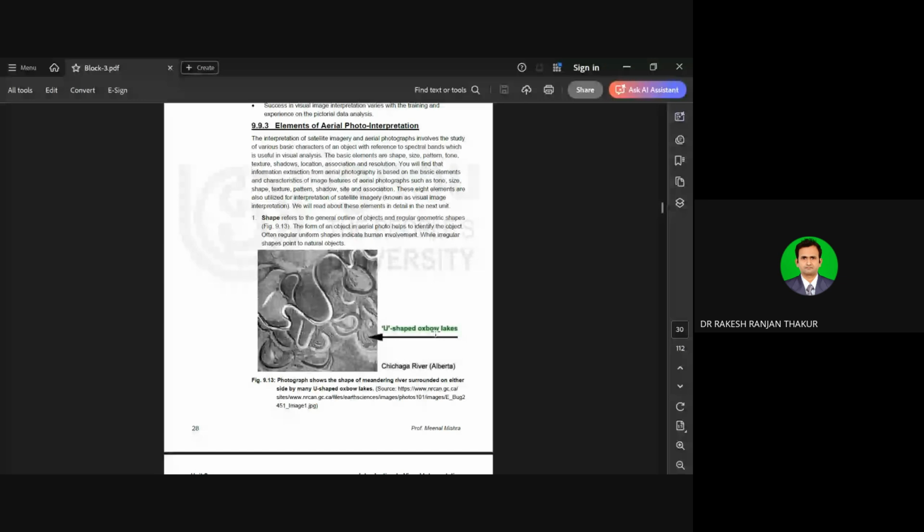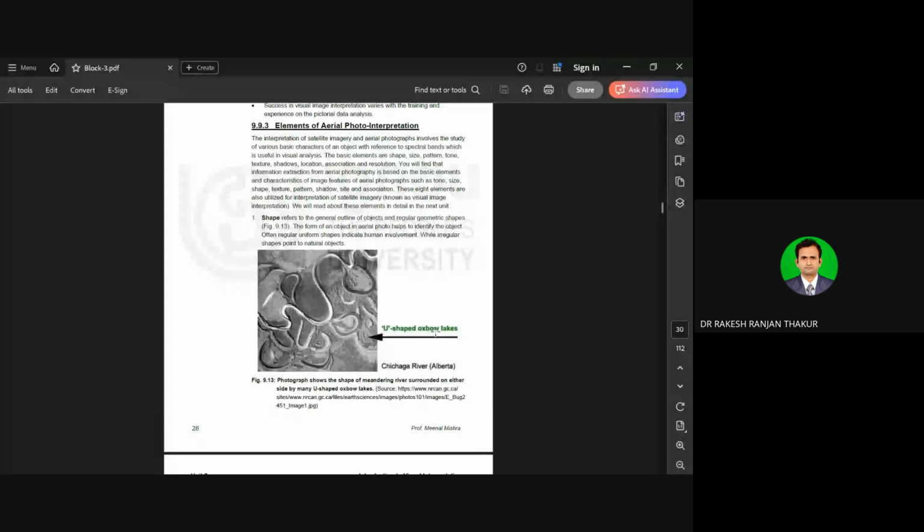So it is a typical example which shows that by using shape we can differentiate different features. Another example may be agricultural cropland, which is a man-made feature, so most of the time it is rectangular in shape.